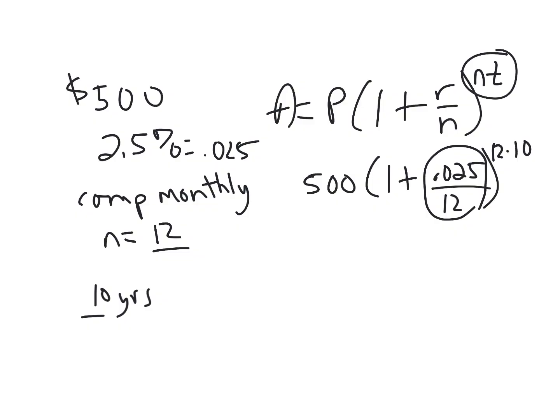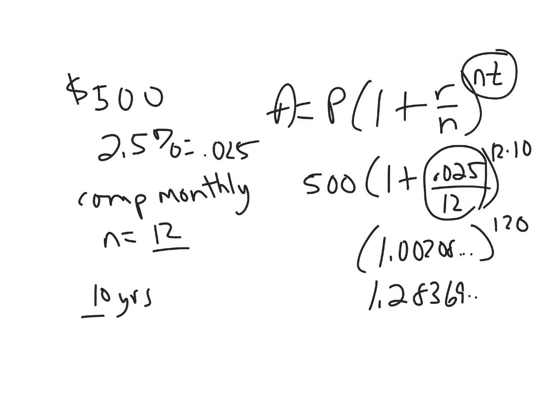On my calculator, I'm going to do 0.025 divided by 12, and then add 1 to that, and I get 1.00208, and so on. I'm going to leave that in my calculator, and that's going to be to the 120th power. So I hit my caret button, and then 120, and that gives me 1.28369, and so on.